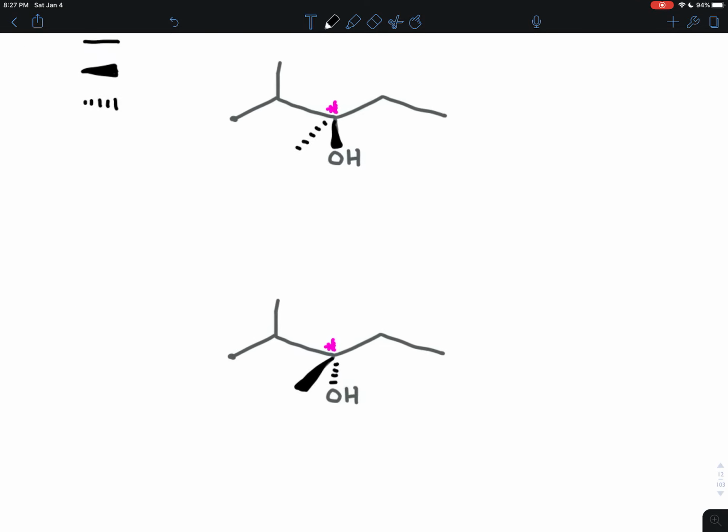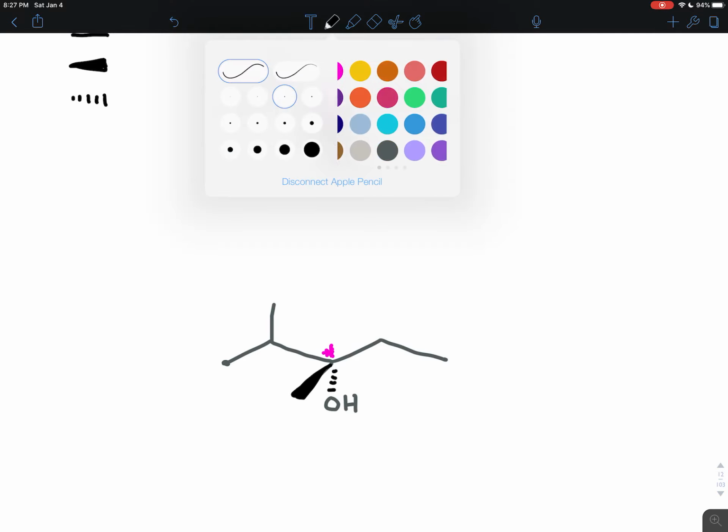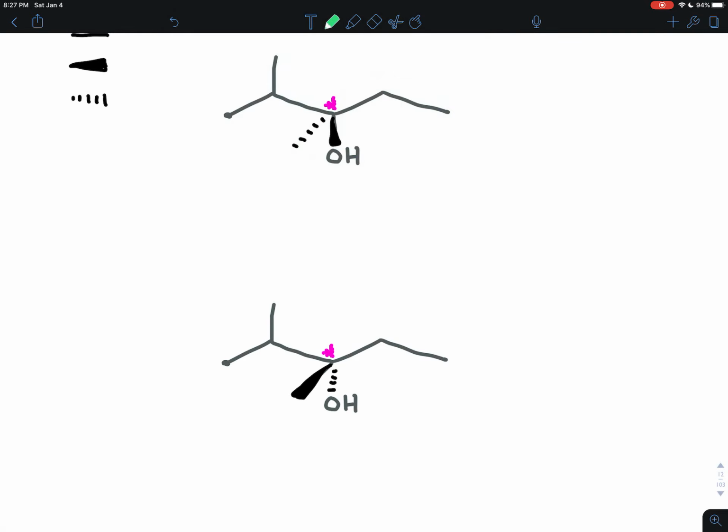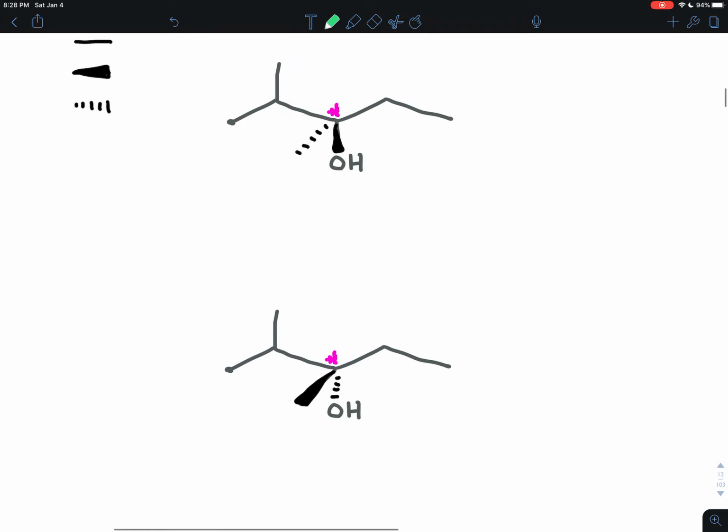Okay, so the first step in the CIP rules, and I'm going to do this a little faster since we've done this in more depth in previous videos, and since there are many videos from Organic Chemistry 1 that you can use to practice a little bit. But the oxygen has the highest atomic number, and so it gets a priority of 1. The rest are carbons, so you'd want to make a table.